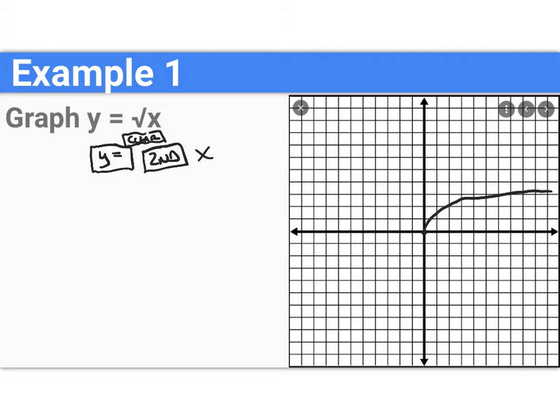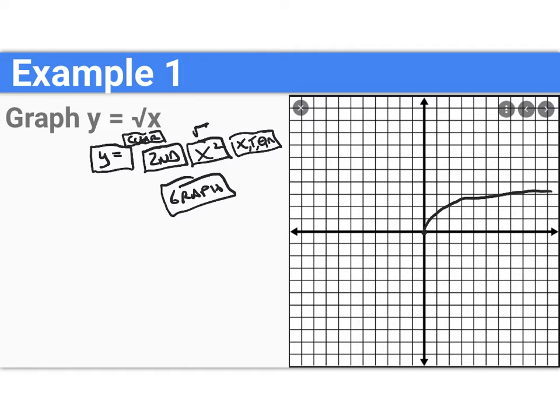Second, x squared. Above the x squared button, you'll see the square root sign. So you do square root, and then you type x, t, theta, n, and then hit graph. You do that, and you'll get this.